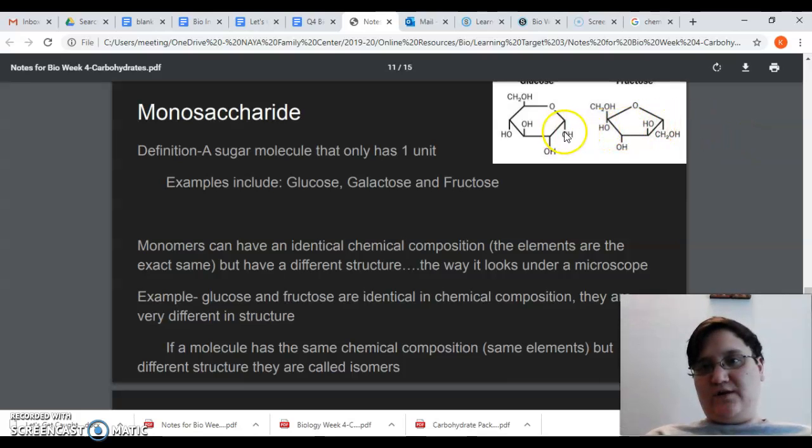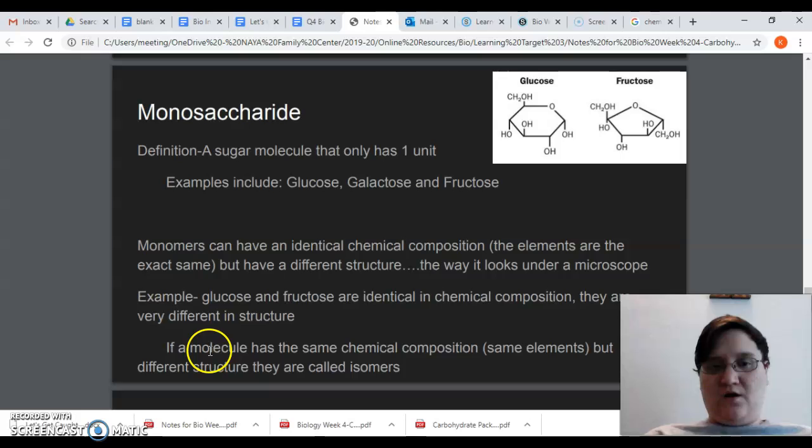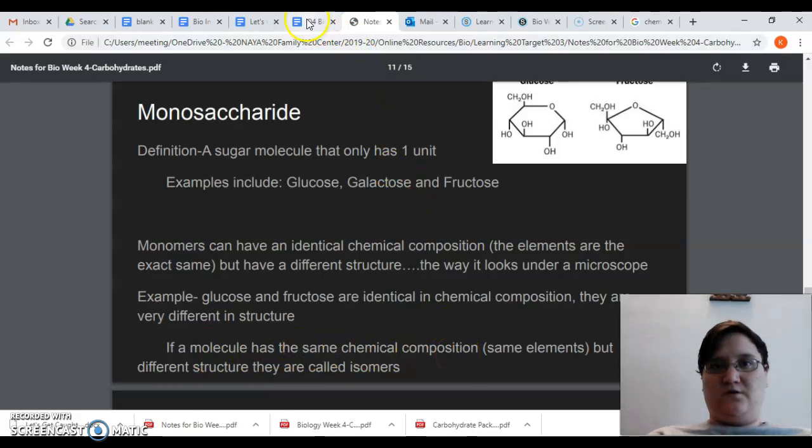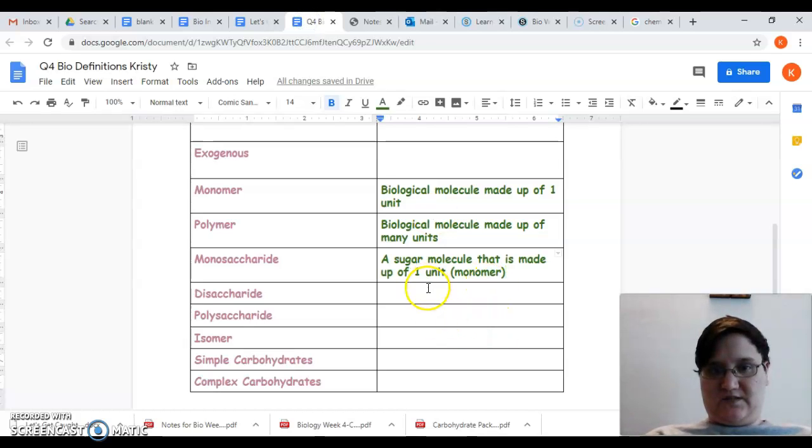I just want you to know that it is possible for something to have the same letters in the same amount, but be arranged differently. And I want you to know that the term is called an isomer. So a molecule has the same chemical composition, but a different structure. That's what we're going to say is the definition for isomer.